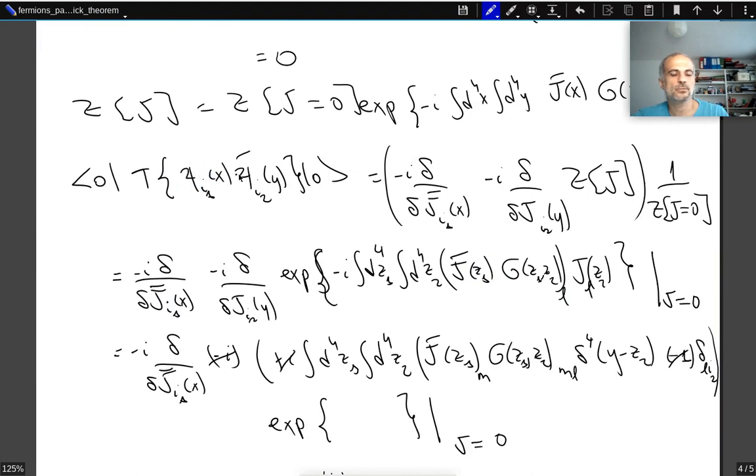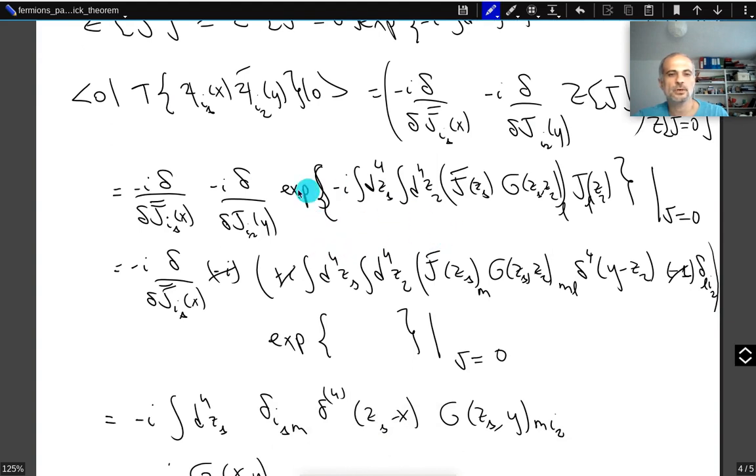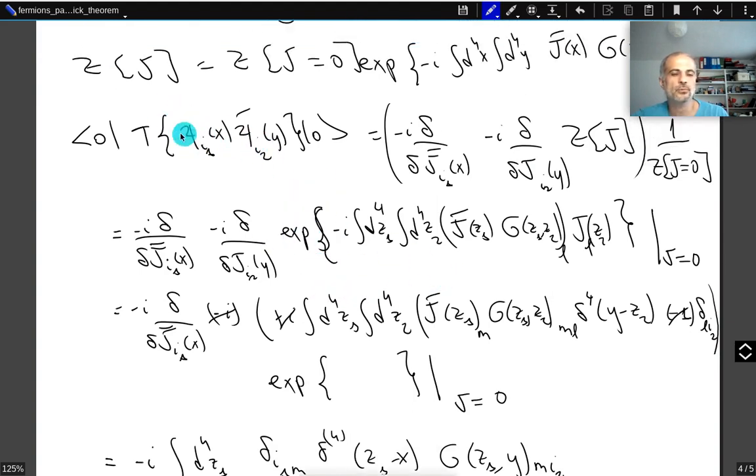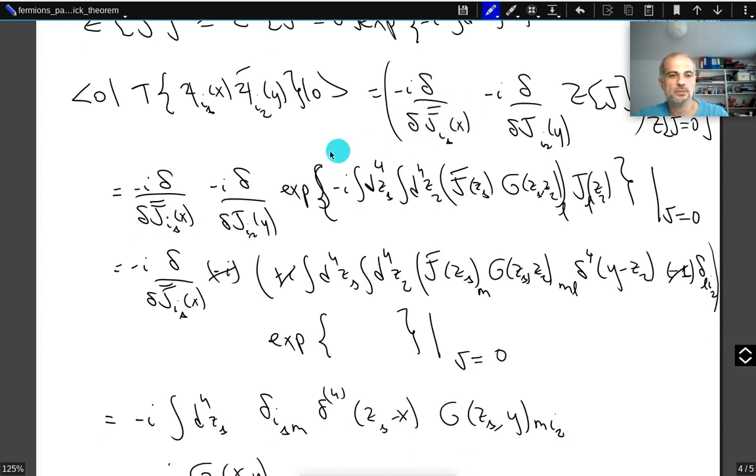You see, if these are both psi fields, for example, then both derivatives are with respect to j bar. There are no derivatives with respect to j. So if both derivatives are with respect to j bar, or let's look at if both of them are barred fields, both of them are derivatives with respect to j. There is no derivative with respect to j bar.